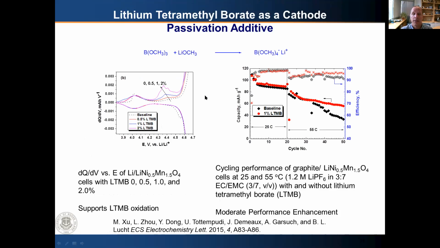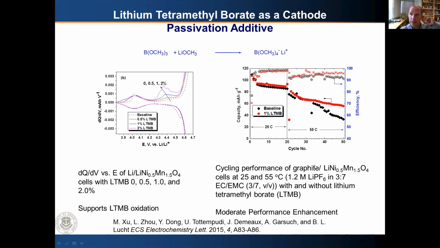When we add the lithium tetramethyl borate to the lithium nickel manganese oxide high voltage spinel cathodes, you can see evidence, with a new peak being observed in the presence of the additive, that the borate is being oxidized on the first few charging cycles, or the first charging cycle. And this results in somewhat better capacity retention with the lithium tetramethyl borate than with the standard electrolyte formulation.